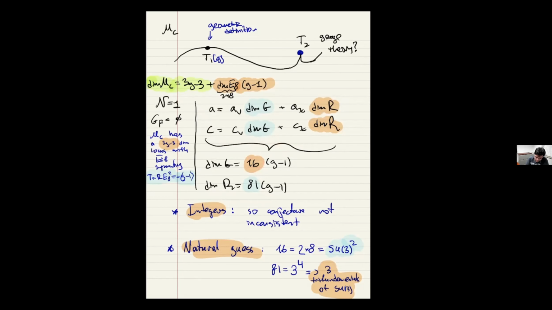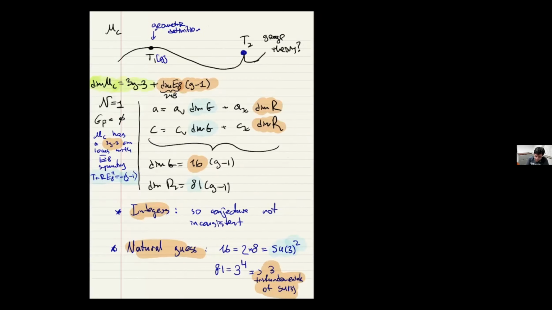It's 16 times (G minus 1), and for the representation we find exactly the same answer as for the minimal SU(3) theory, 81 times (G minus 1). So it might be that there is a conformal gauge theory description. We need to look for it. If these numbers had not been integers, this would have ruled out this possibility.